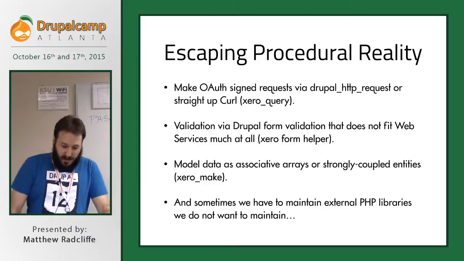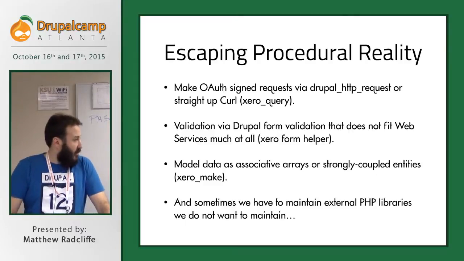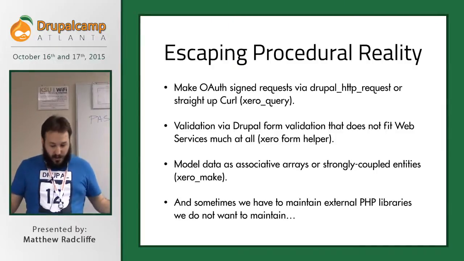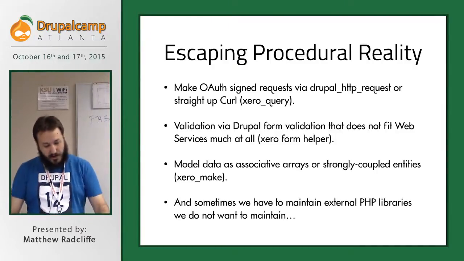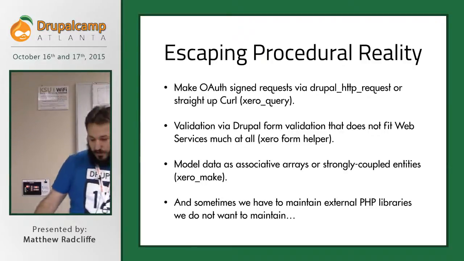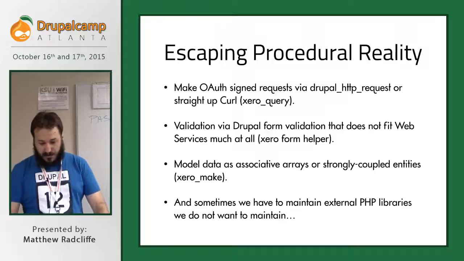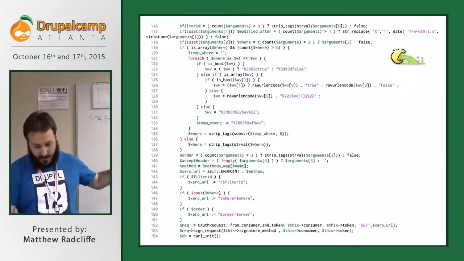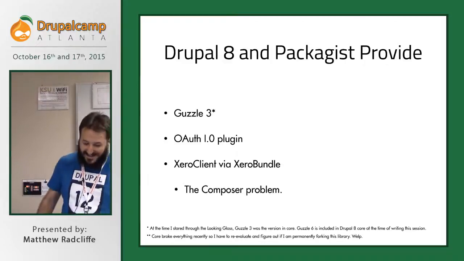It does some weak validation with form validation, and then I model the data as giant associative arrays, because we love associative arrays. Then I have an external library that I have to use to post that data. It kind of looks like this. It is really bad. Let's move on and not look at that any longer.